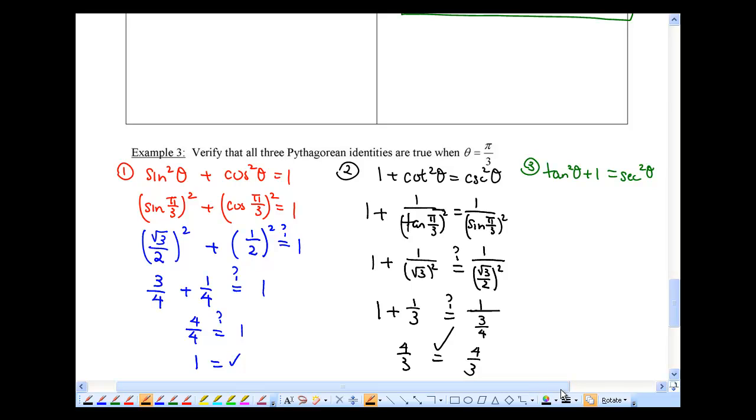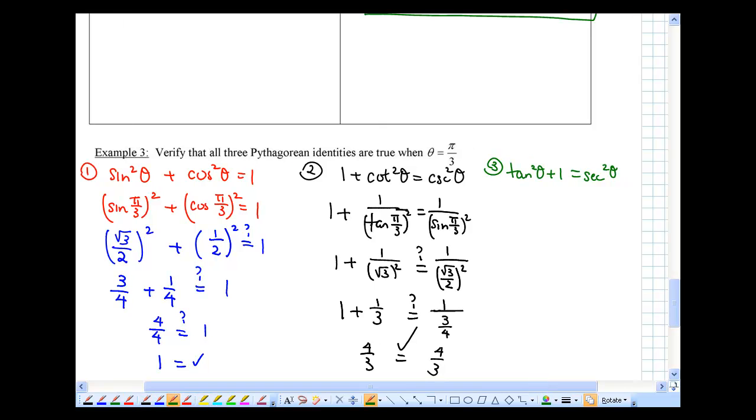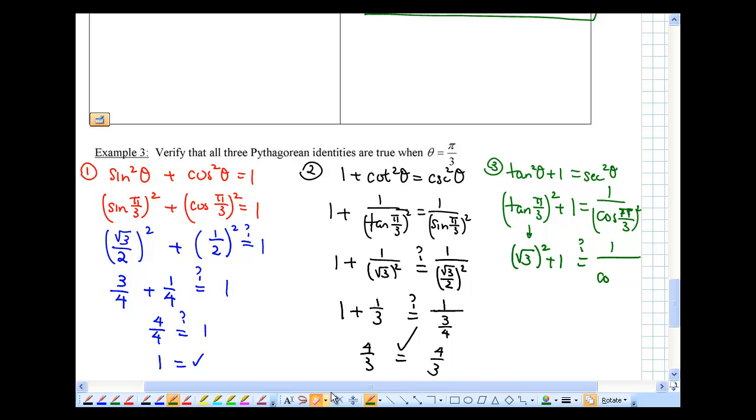This one works too. Cosine pi over 3, cosine 60, I think that's a half.